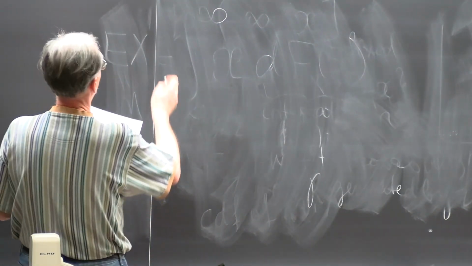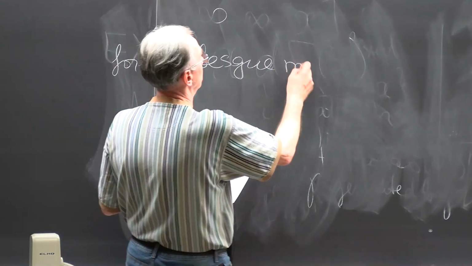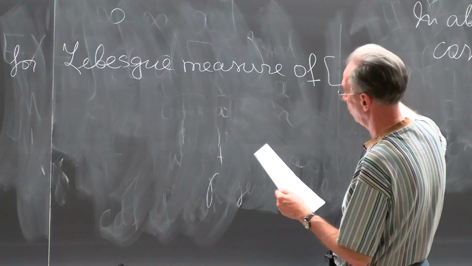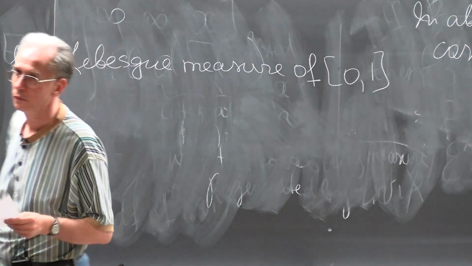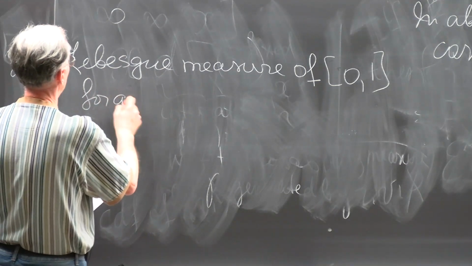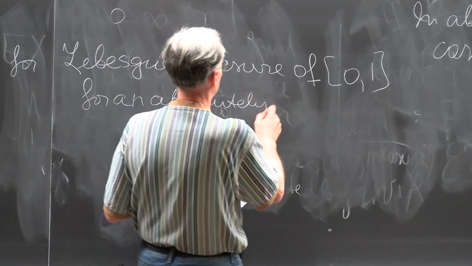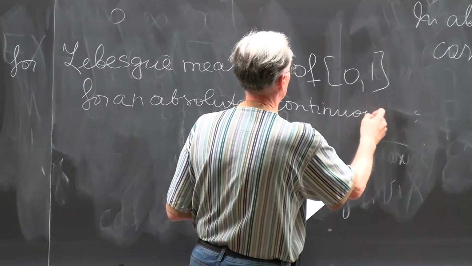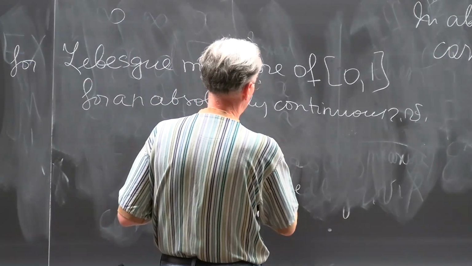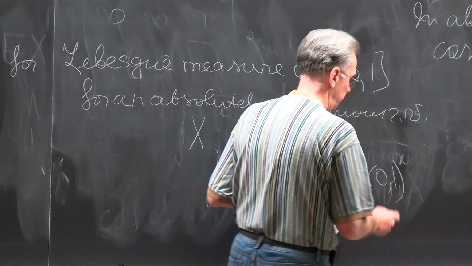So for Lebesgue's measure on the unit interval, we do a lot, of course, but for an absolutely continuous random variable capital X, its CDF F sub X of little x is uniform on 0, 1.